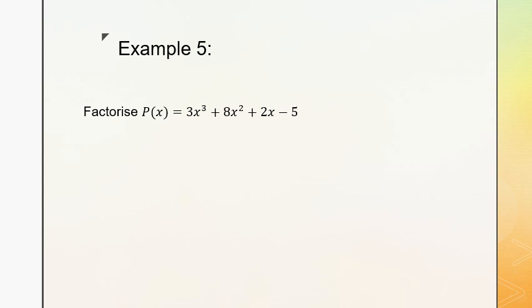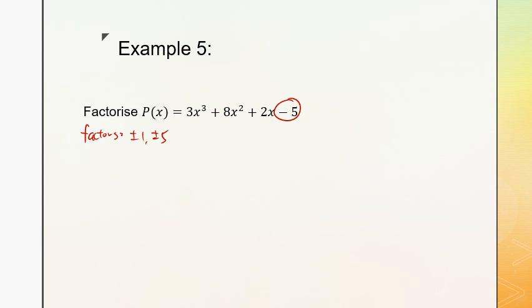Now you can also try the same theorem based on this example. If you've been provided something like that, the first thing you always look at is the constant value, and then see if you can find an integer solution for your cubic. The factors of -5 can be plus or minus 1, plus or minus 5.